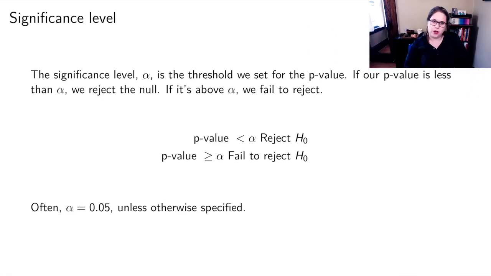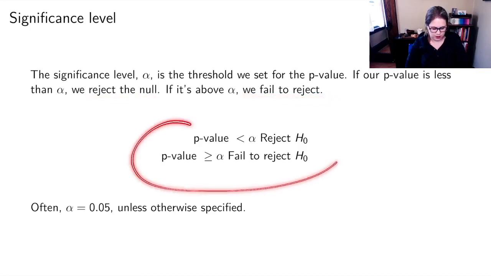We're going to use our significance level, which we're going to denote alpha. So alpha is the Greek letter that looks like this. I start at the top and I loop around. It's sort of like a Greek A. So alpha, that's the threshold that we set for our p-value. So if our p-value is less than alpha, we're going to reject the null. And if it's above alpha, we're going to fail to reject.